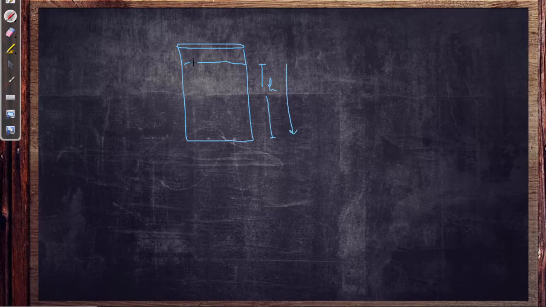Then you can notice that the pressure is actually increasing with depth. I can write D instead of H, but I'm preferring H over here. So P is actually proportional to H. That means the more depth you move, the pressure will also increase with that.